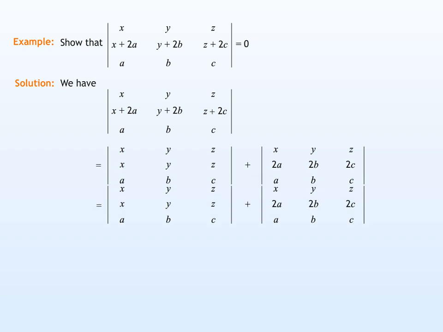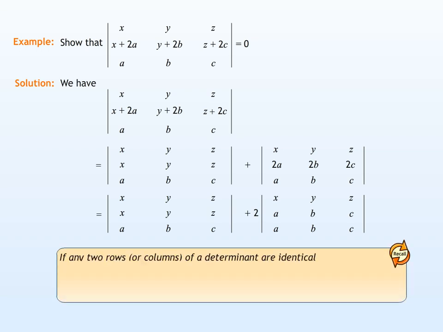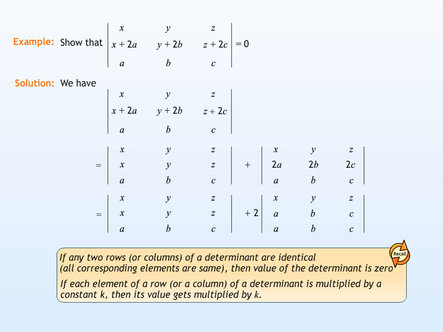Now take 2 common from the second row of determinant 2. By using the property, if each element of a row of a determinant is multiplied by a constant k, then its value gets multiplied by k, we get the determinants as shown. In the first determinant, the first row and second row are the same, while in the second determinant, rows 2 and 3 are identical.